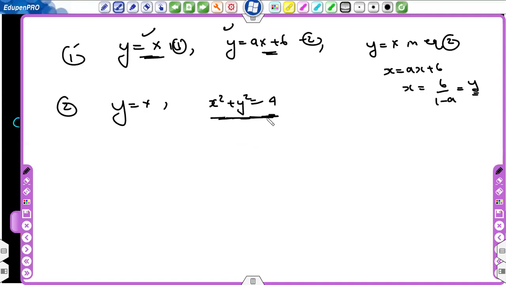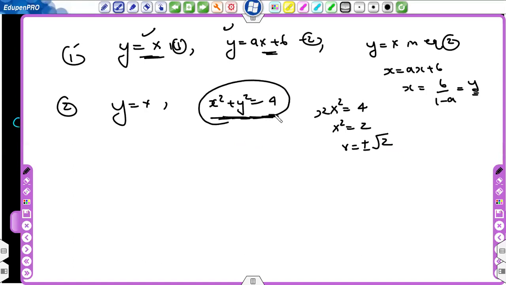You just put x equal to y, so 2x square will be equal to 4, x square will be equal to 2, x will be equal to plus or minus root 2. Although I have taken a simpler equation, you can see that you have to take a square root and then you have two values. If I take a bit more complex equation, then you will have to add a few more steps. This is how you can solve it mathematically on paper.